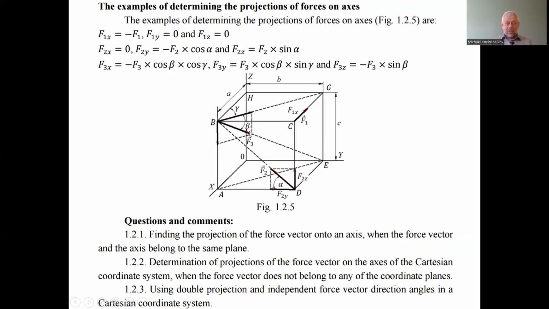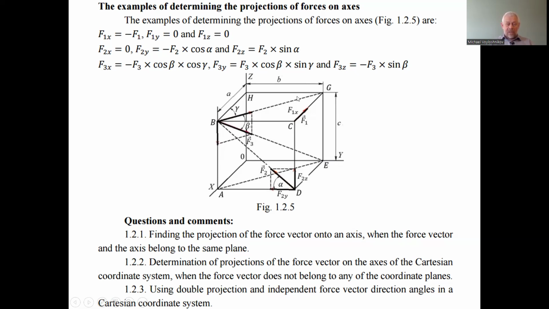The vertical part of the decomposition of force F3, from the point B down, is perpendicular to the axis y, so its projection on the axis y is zero.